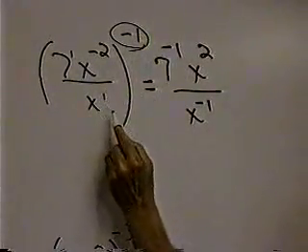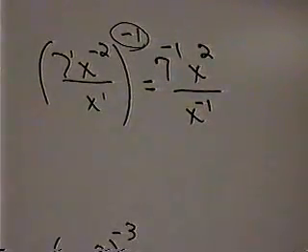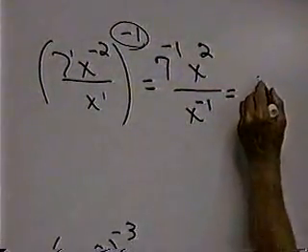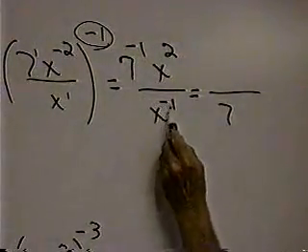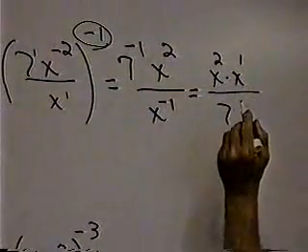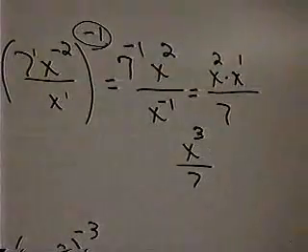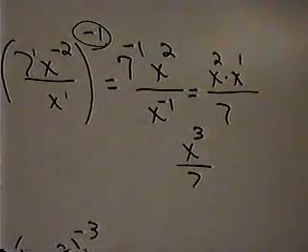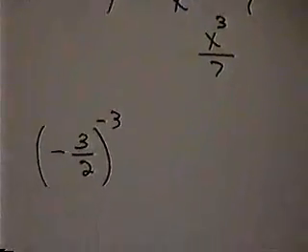A minus 1 times a 1 is a minus 1. All right, now what's our rule here? Well, the 7 goes down the bottom. Move it across, and that goes up. So our final answer is x to the 3rd over 7. All right. Next example.